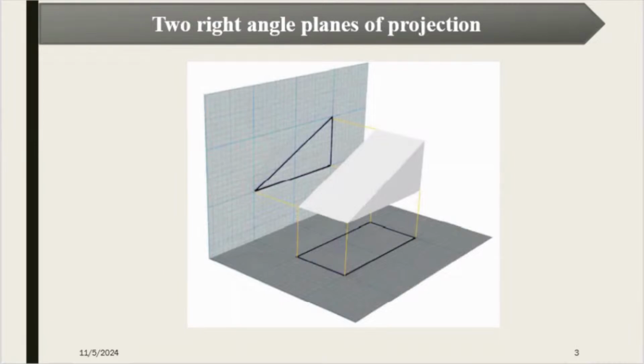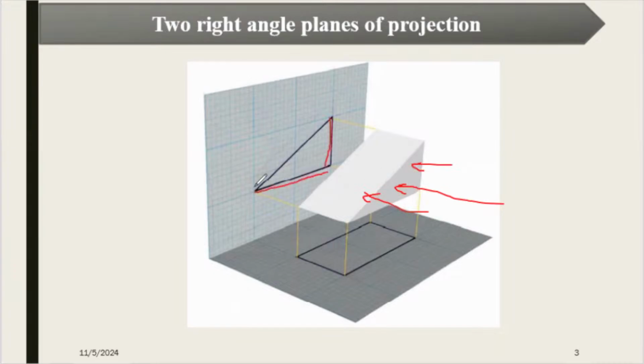So here in this slide, you can see that two right angle planes of the projection are drawn. So that means here, if you look from here, sorry. So if we put some light here, it will give us this kind of image at this plane, right?